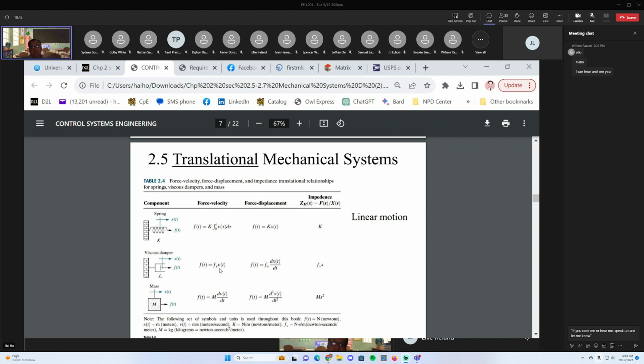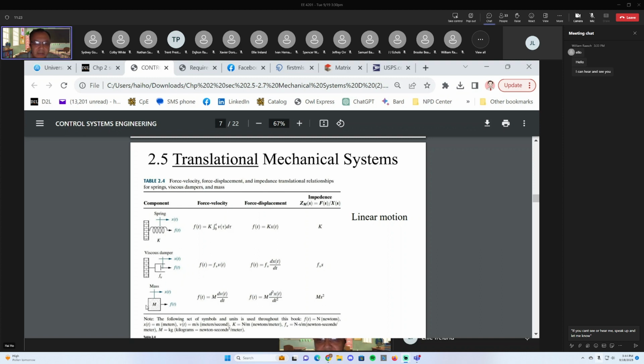The faster you want it to go, the force that you apply to it has to be proportional to the speed that you want it to go. So the relationship is force equals the damping coefficient, or friction coefficient, times the velocity, or conveniently in the Laplace domain, it's Fv times s. That is the impedance, if you will, the relationship between X and big F.